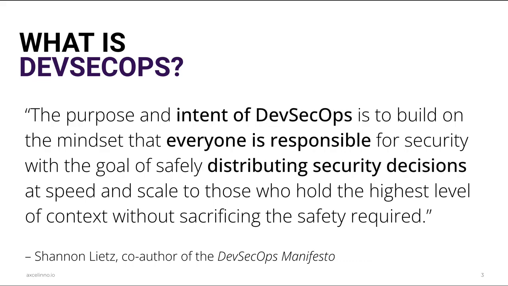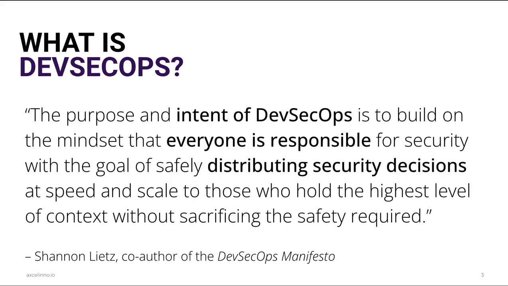I want to cover this because we really want to keep this in our minds when we're thinking about DevSecOps. As you can see here, the purpose and the intent of DevSecOps is to build on the mindset that everyone is responsible for security, with the goal of safely distributing security decisions at speed and scale to those who hold the highest level of context without sacrificing the safety required.